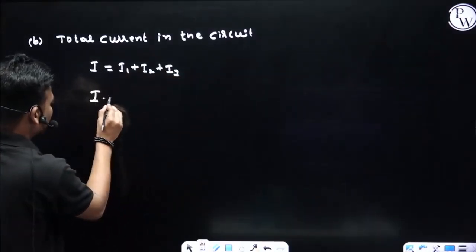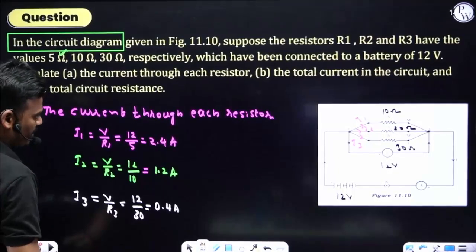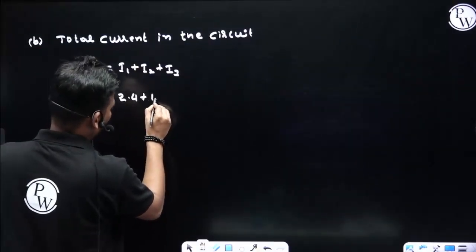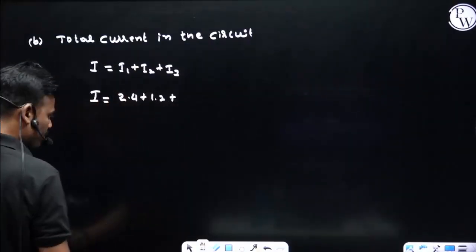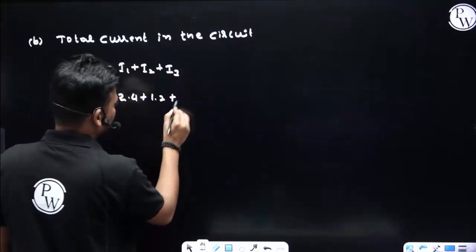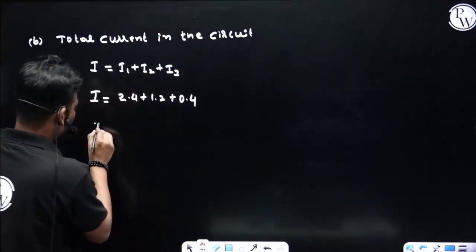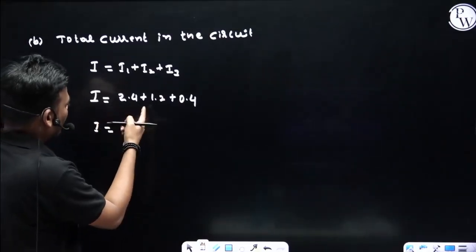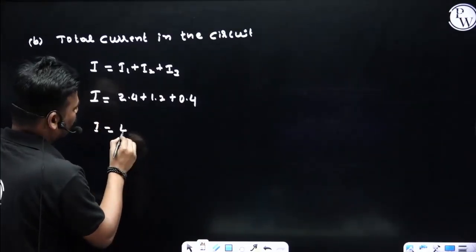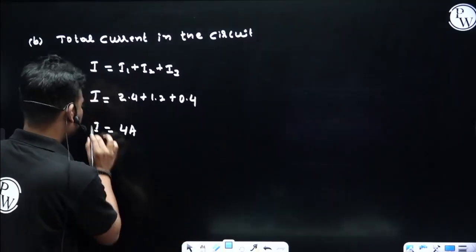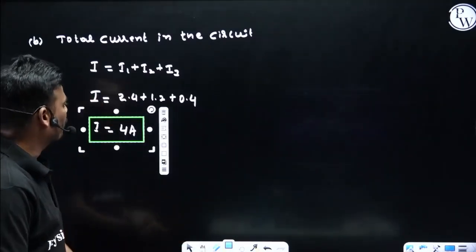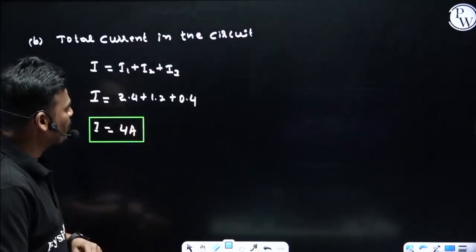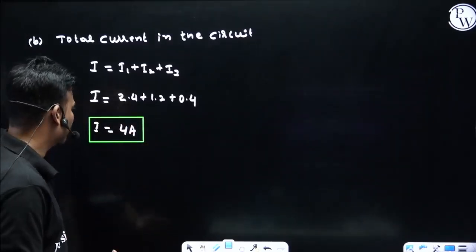What is the value of I1? 2.4, 1.2 plus 0.4. Therefore, the current is 4 ampere. 2.4 plus 1.2 is 3.6, and 3.6 plus 0.4 is 4 ampere.